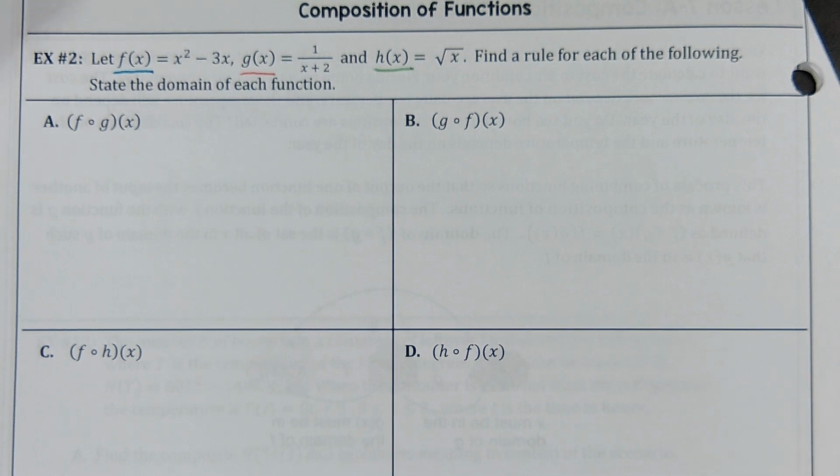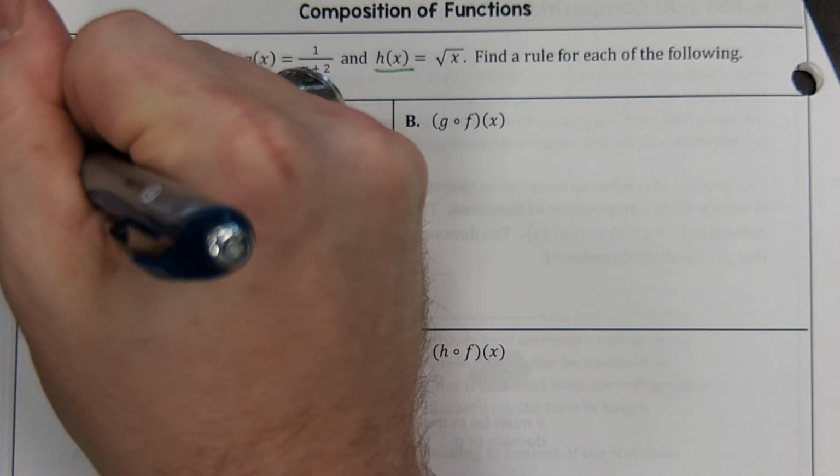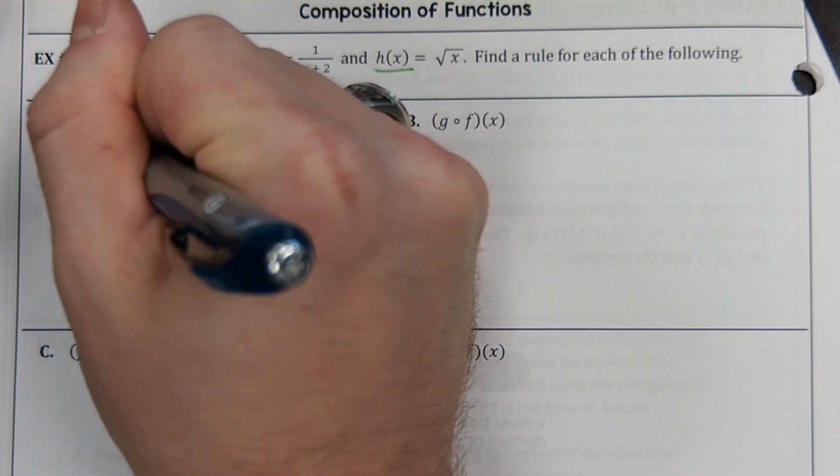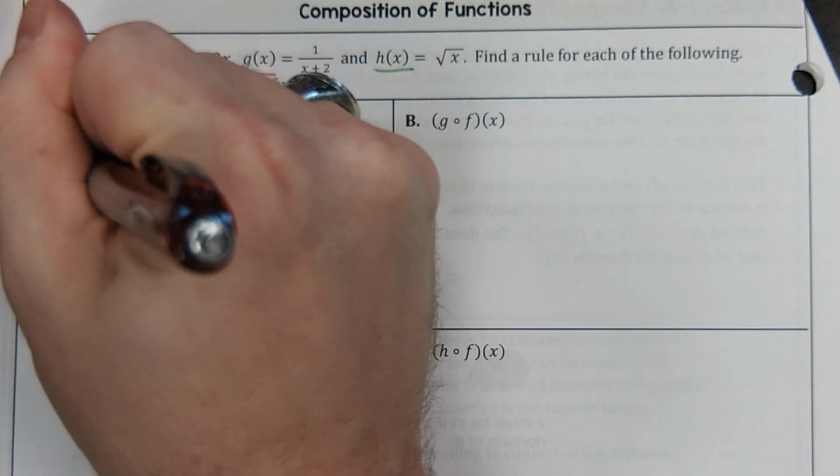Now, what these 4 examples have asked us to do is compose the 2 functions that it's showing us, and then, for funsies, find the domain of the new function. Hopefully you remember doing that in Algebra 2. F of g of x.